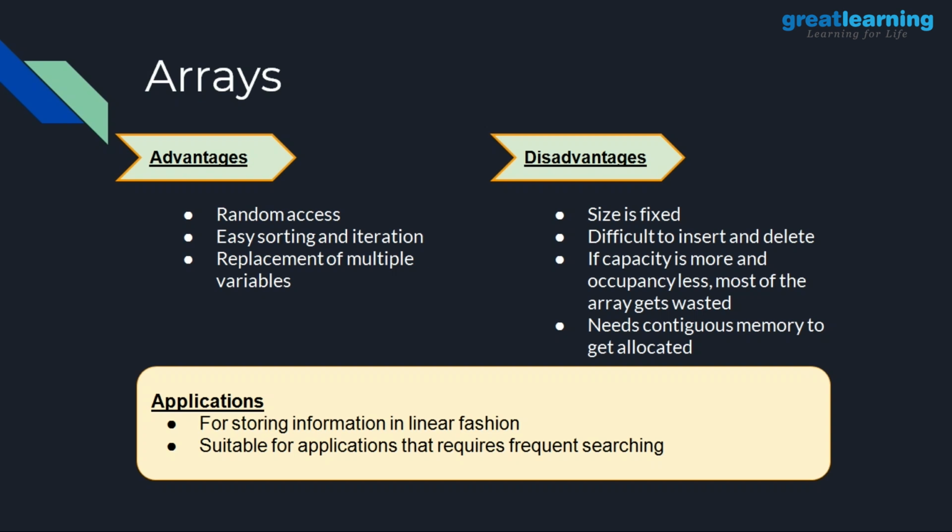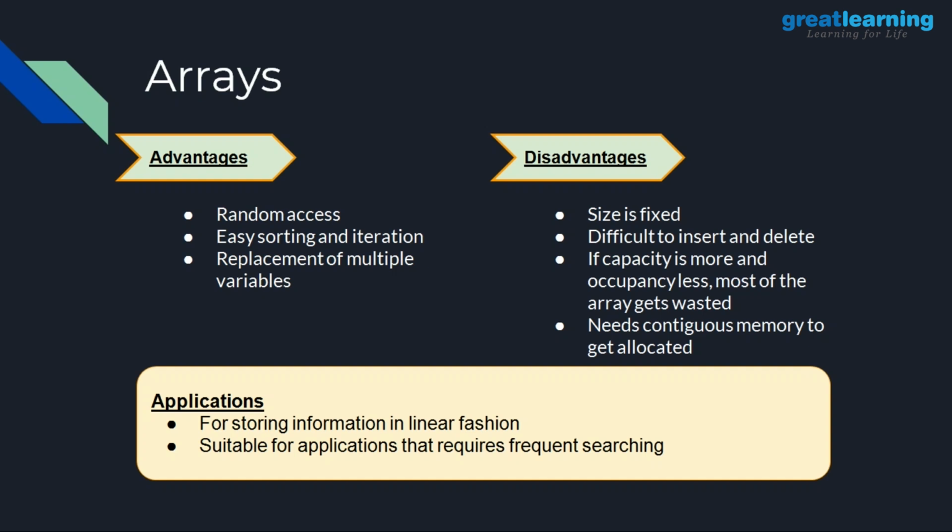There is another point I want to discuss. What if I told you I have 50 students but only 20 came? You declare an array of 50 but store only 20 elements in it, so you are wasting some part of your memory. This is the disadvantage of having a fixed size.